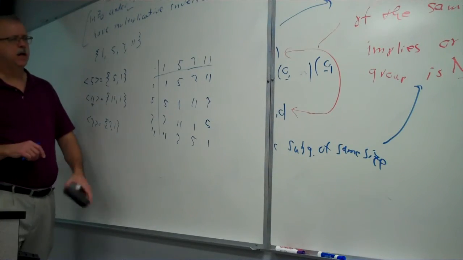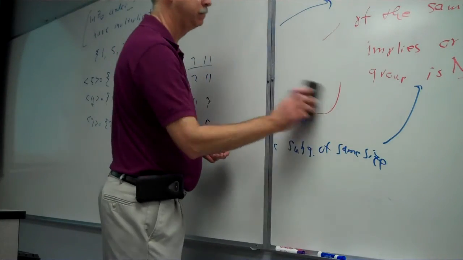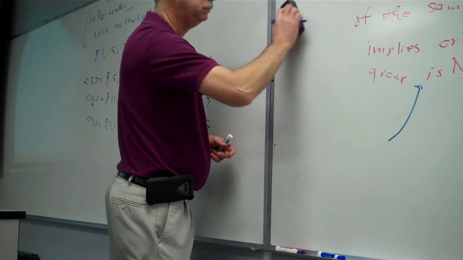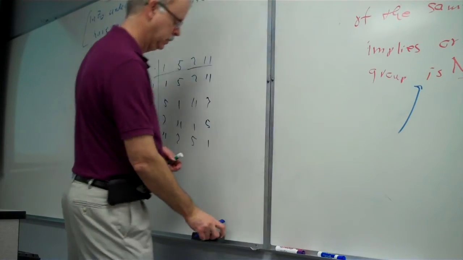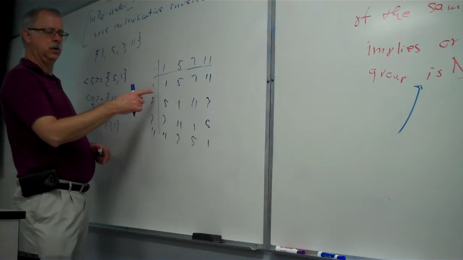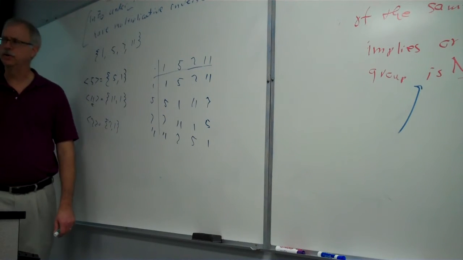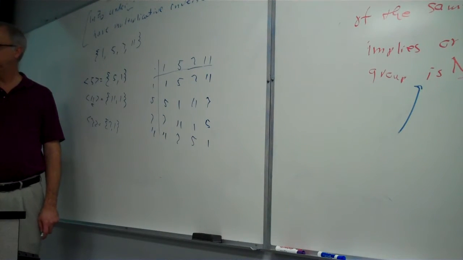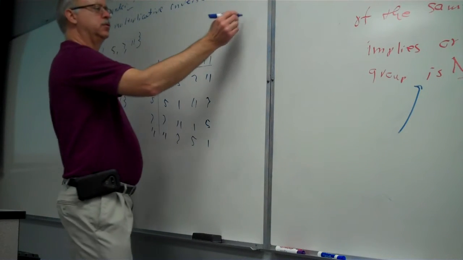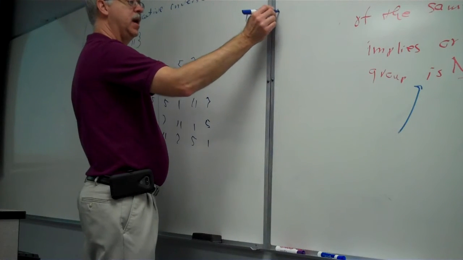Trying to think, we'd actually done another one. We've encountered another one that had 4 elements. One was its own inverse, right? Was that the Z8 under multiplication? One was 1, 3, 5, and 7.